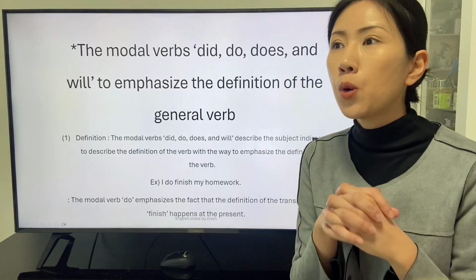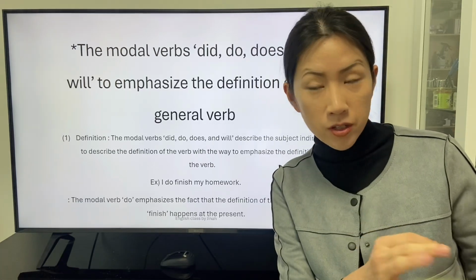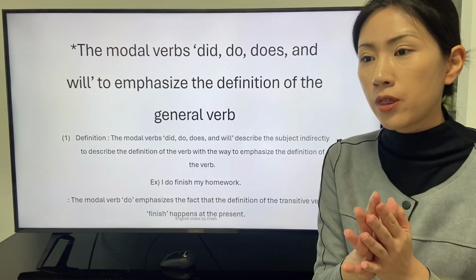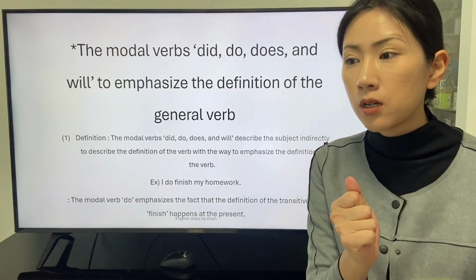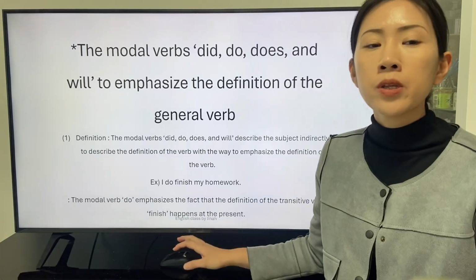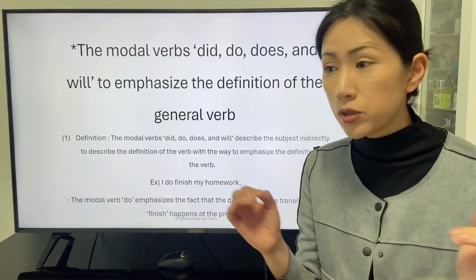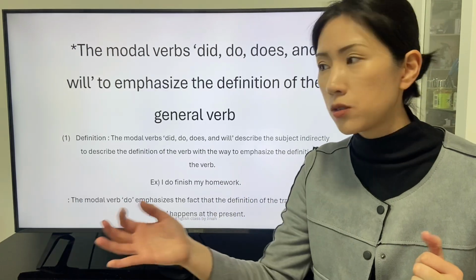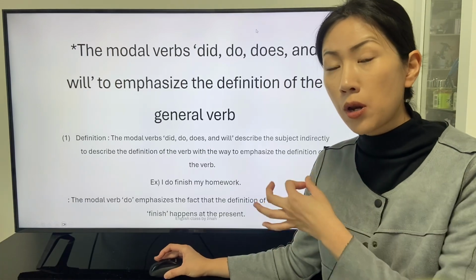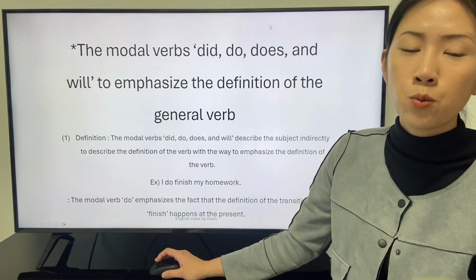From now on, we will study about the negative clause and the interrogative clause with the general verb or the Be-verb. Before we start to compose a negative clause or an interrogative clause, let's start to study modal verbs did, do, does, and will.